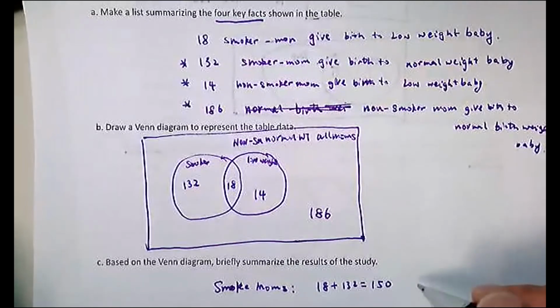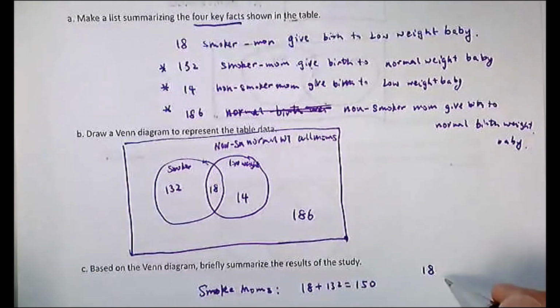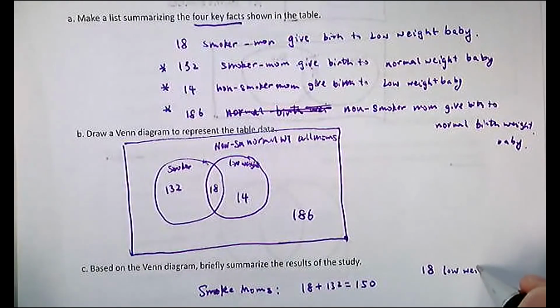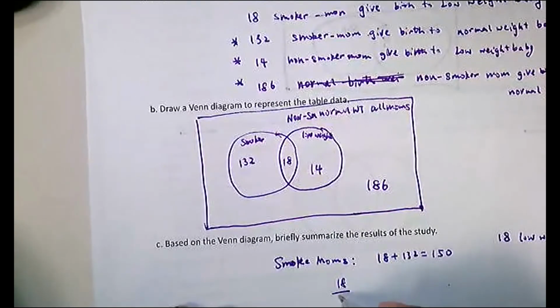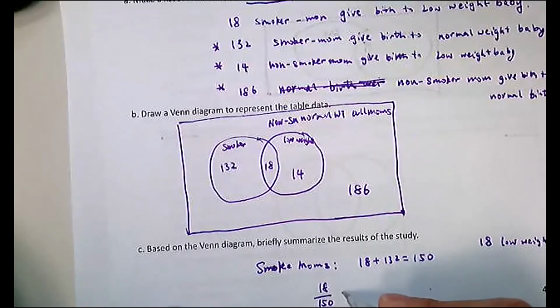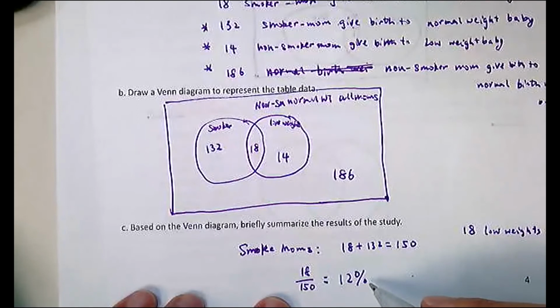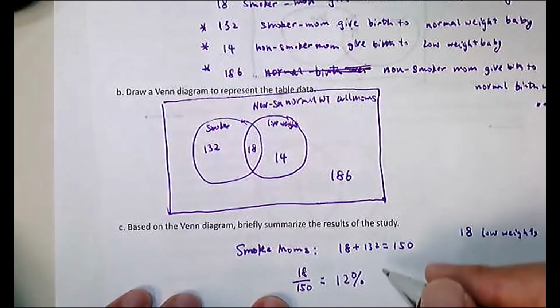So the chance of each woman giving birth to a low weight baby is 18 over 150 smoker moms. If you divide this, it should be 12%. In other words, 12% of the smoker moms give birth to low birth weight babies.